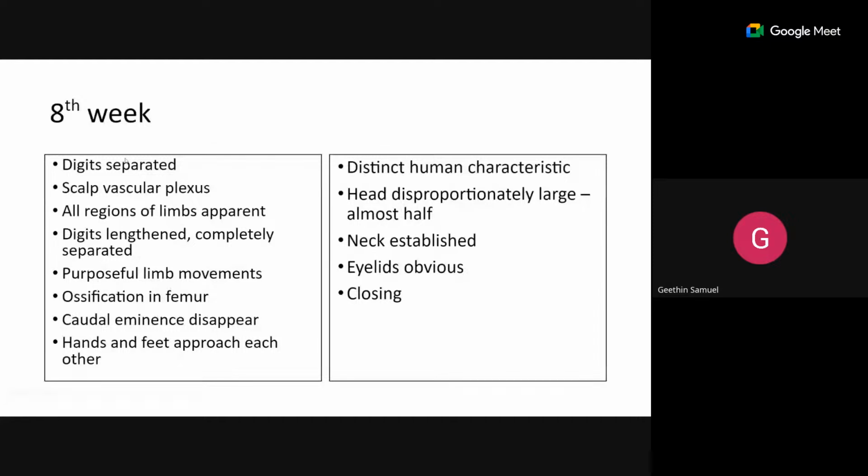There are the digits, the fingers will be digits. The regions of the limb, of which only the distal part was apparent, all become apparent, and there will be lengthening of the digits also.